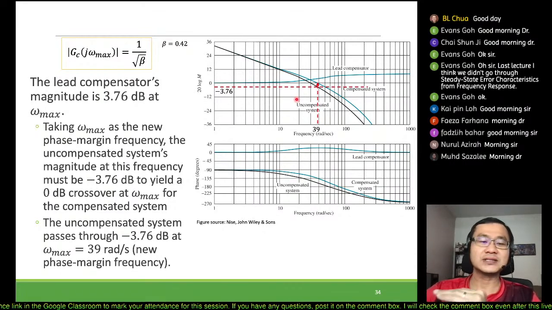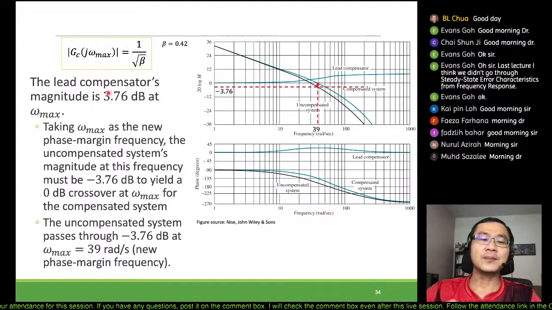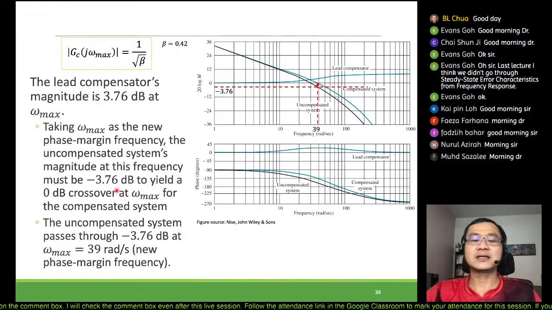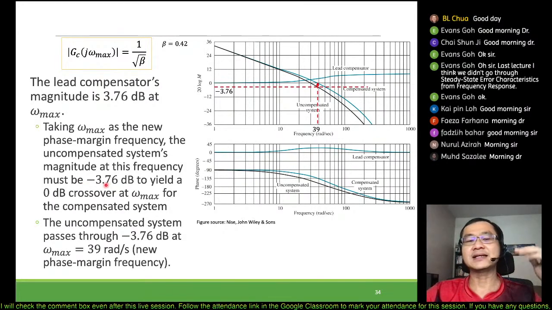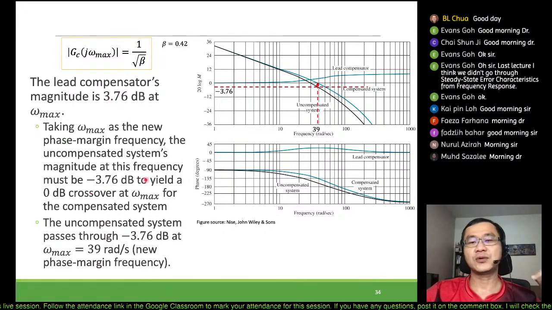What you need to do now is compensate for it again, which means we have to adjust or shift it. This adjustment would be to suppress it, going from positive 3.76 to minus 3.76, so that it is adjusted. For that, use the same methods.